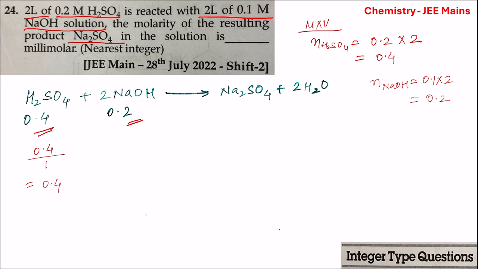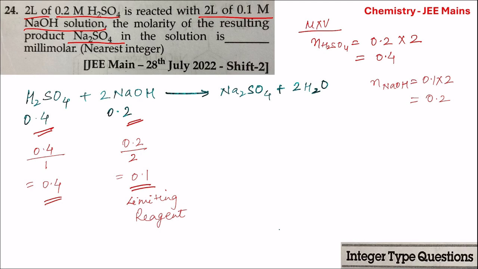And the number of moles of NaOH, that is 0.2 divided by its stoichiometric coefficient, that is 2, is equal to 0.1. Now on dividing the number of moles by stoichiometric coefficient, the value for NaOH is less than the value for H2SO4. So NaOH is the limiting reagent.